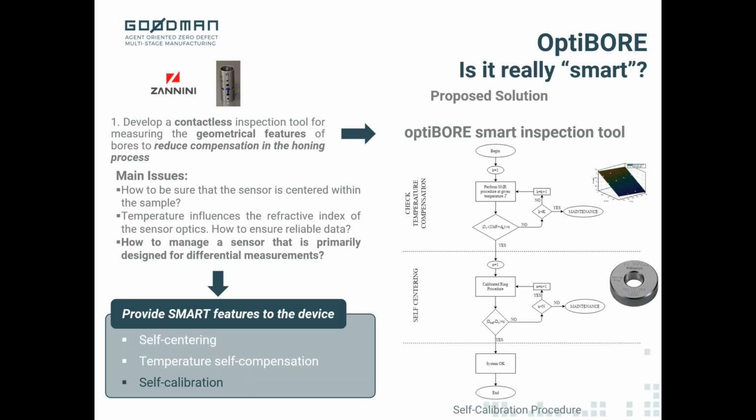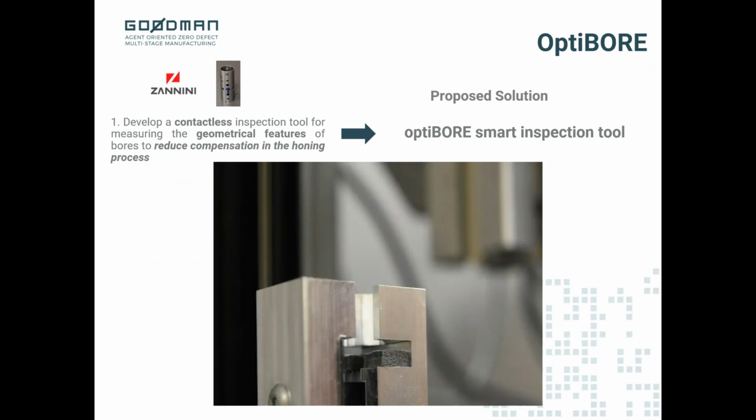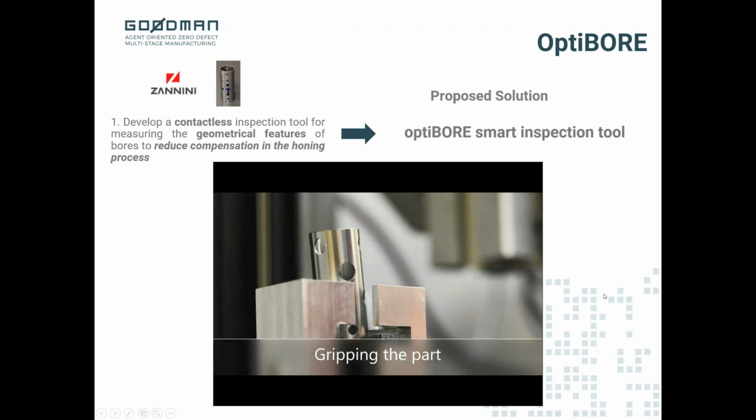If everything's okay, the system is fine, and then it can be used for performing the measurement. Otherwise, it has to undergo a maintenance operation. This video wants to provide you with a short hint and the working principle of the system.